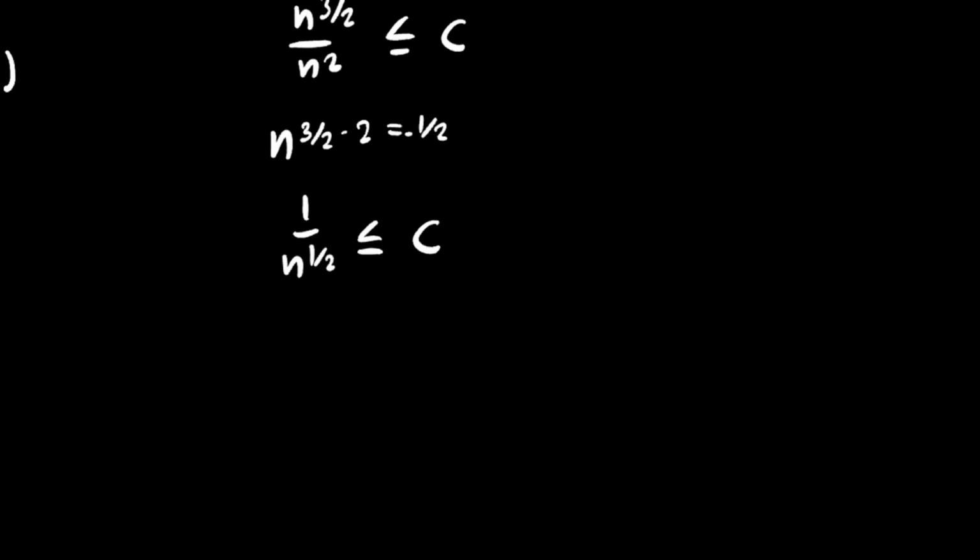Why? Because as n grows, if we start with 1, 2, 3, 4, 5, up until 1 million, for example, 1 over that is going to be smaller and smaller than our constant. So this is actually true. The inequality is fulfilled. Therefore, we can say that n to the 3/2 is O of n squared.